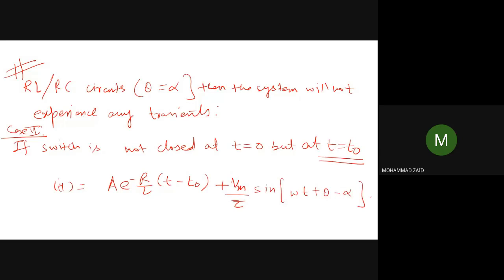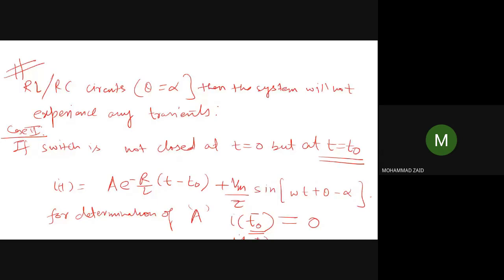Now, the condition for determination of A will change. For determination of A, we have to put i at t naught equal to 0. Not i at 0, but i at t naught equal to 0. So if i at t naught minus was 0, then i at t naught plus should also be 0.